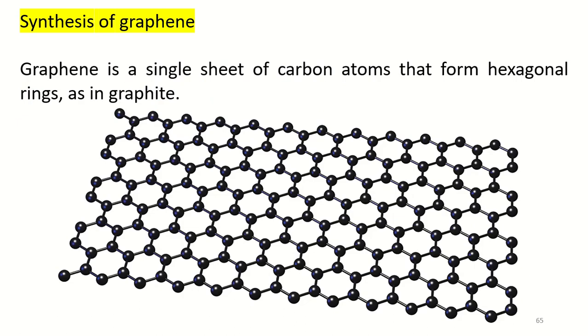For example, we can see the diagram of graphene, in which carbon atoms arrange themselves in such a way that they form a huge layer. It's a kind of two-dimensional layered structure, and that would be quite helpful for different applications in recent chemistry and materials.